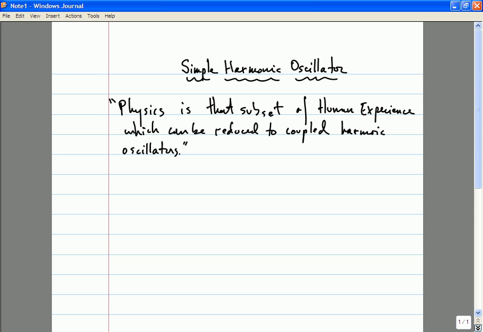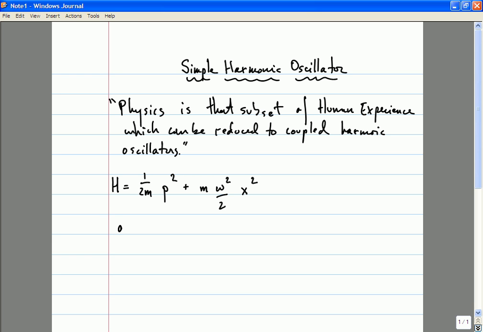Let me just remind you that the harmonic oscillator is the system describing a particle in one dimension whose Hamiltonian is the sum of p squared and x squared, p squared being the usual kinetic term, x squared being the potential of a simple harmonic oscillator.